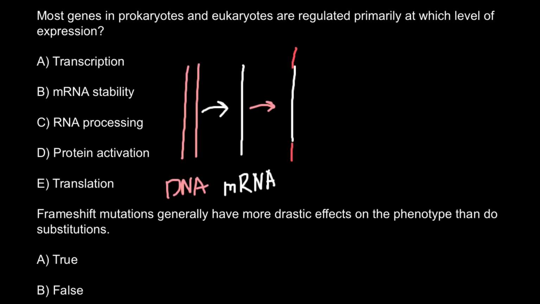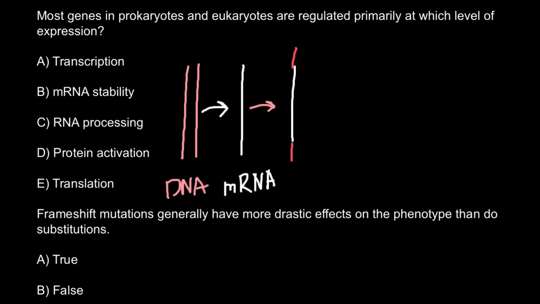So we call this processing, and in prokaryotes there is no such step, because in prokaryotes messenger RNA would be instantly translated into the protein. But in eukaryotes, messenger RNA has to leave the nucleus first.